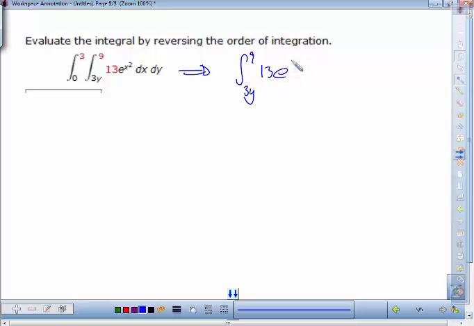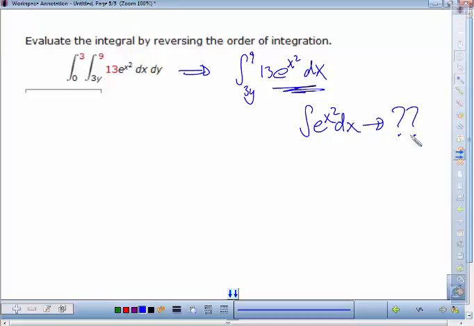And the idea behind something like this is that we don't have a formula for integrating e to the x squared with respect to x. There's no u substitution, there's no integration by parts to do this, and it's not going to work.